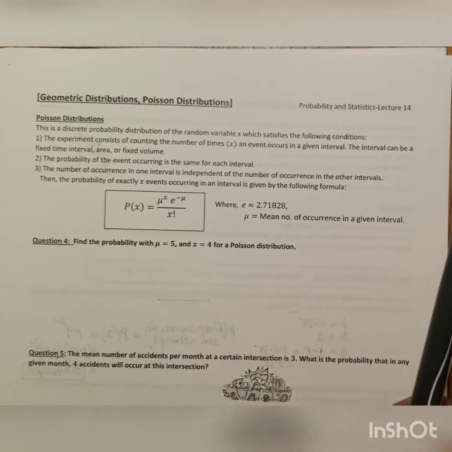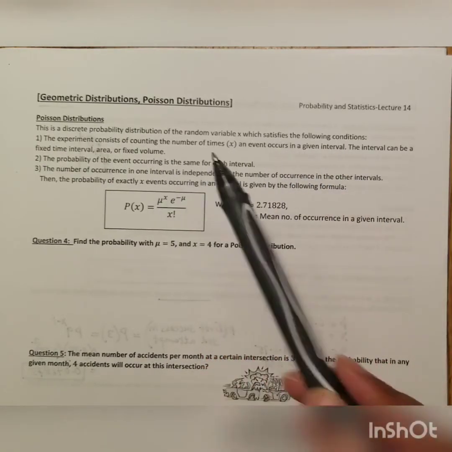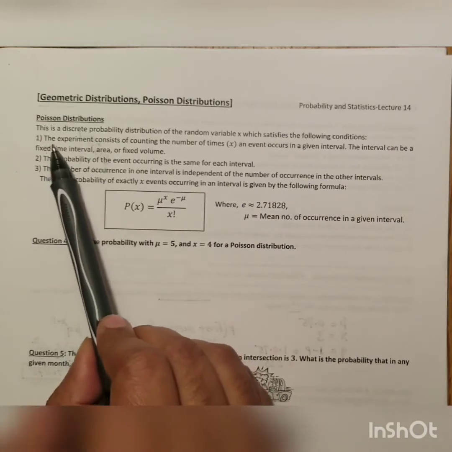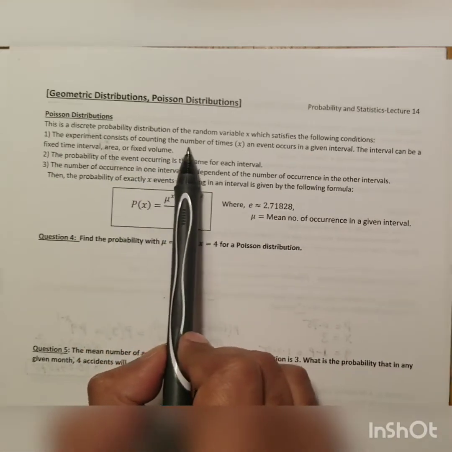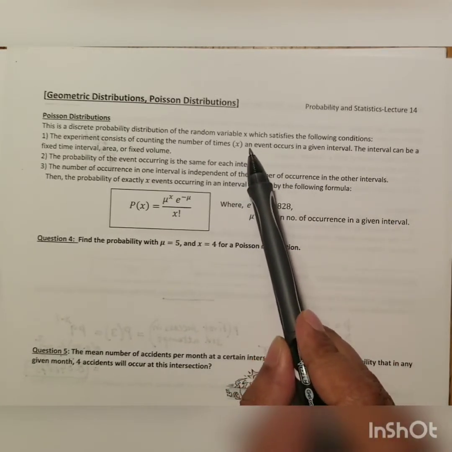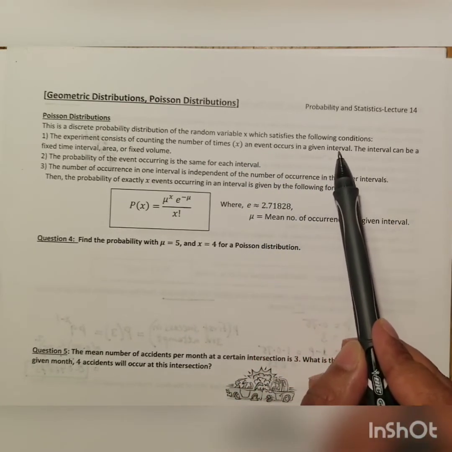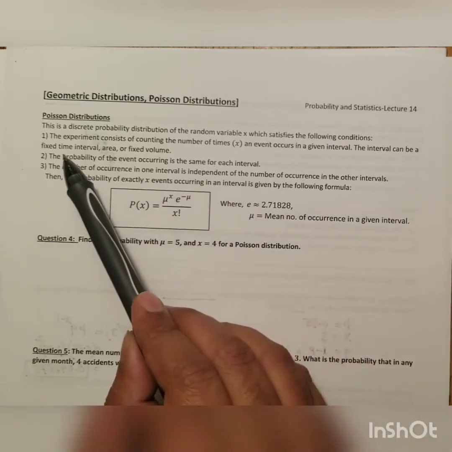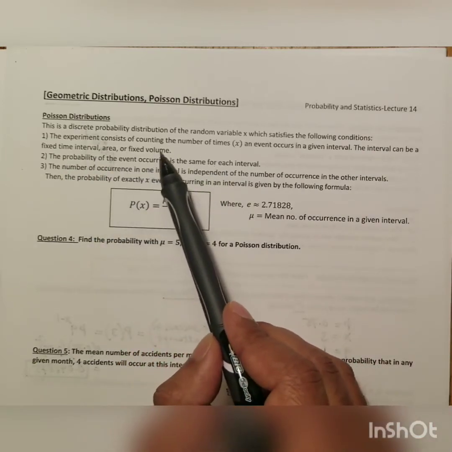Now this is another type of distribution. The experiment consists of counting the number of times x an event occurs in a given interval. The interval can be a fixed time interval, area, or fixed volume.